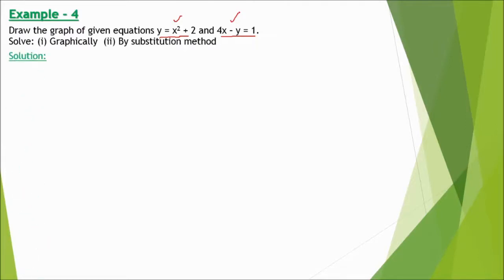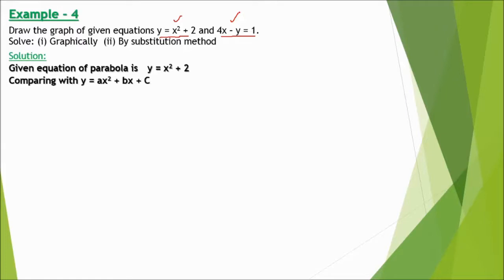Quadratic equation, curve, parabola; and linear equation, straight line. The given equation of the parabola is y equals x square plus 2, and b is missing. Don't forget the characteristics. If you remember them, the solution will be easier.